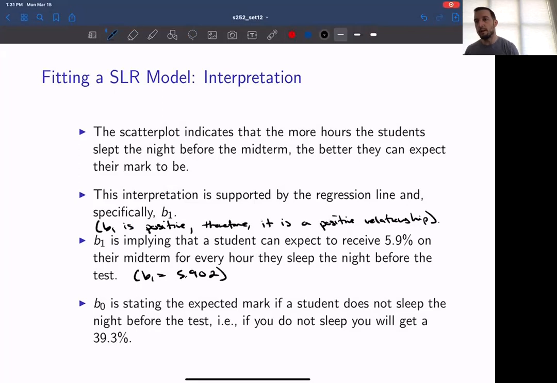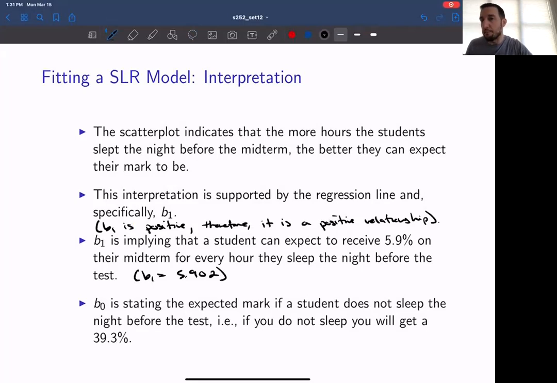Okay, so B1 is interpreted as the change in Y for a 1 unit increase in X. So this is saying for every unit X increases, Y changes by positive 5.902. In the context of the problem, every additional hour you sleep leads to an expected increase of 5.9% on the test.